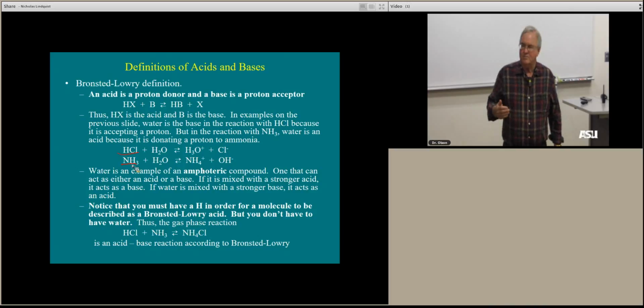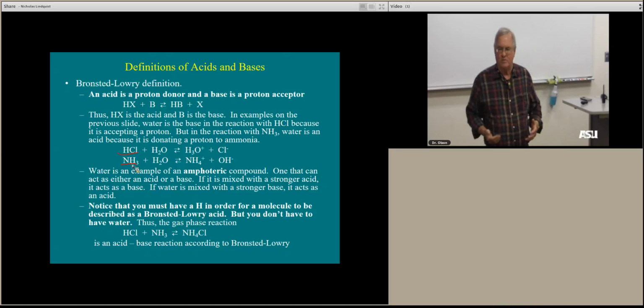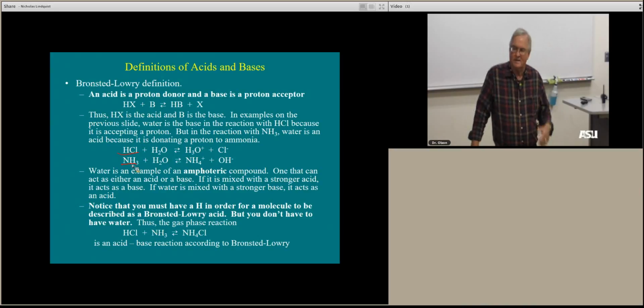Concentrated HCl means that the water is saturated with HCl. You can't get any more HCl to dissolve in the water than what you have in concentrated HCl. And at room temperature, concentrated HCl is about 12 molar. So if you see a bottle of concentrated hydrochloric acid, like in the lab, that's about 12 molar.